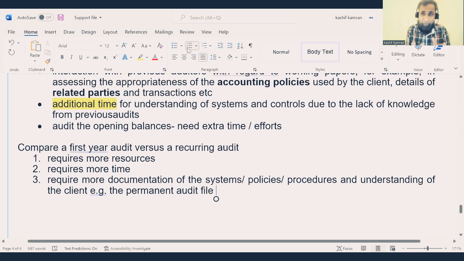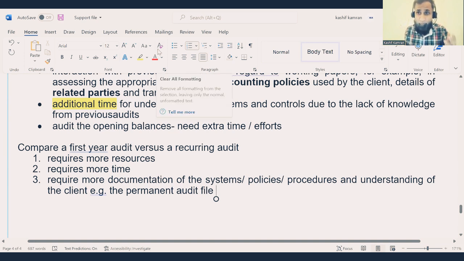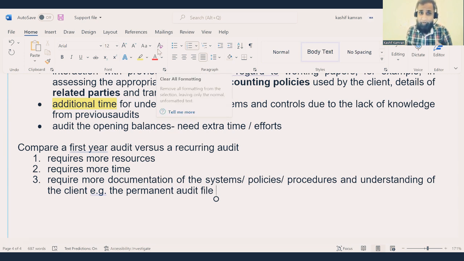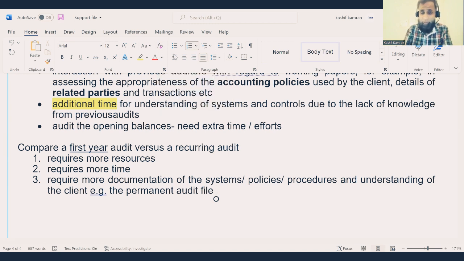So comparing the first year audit versus the recurring audit, what sort of planning matters are you focusing on? The first year audit requires more resources, more time, more documentation, and critical review of risky areas.